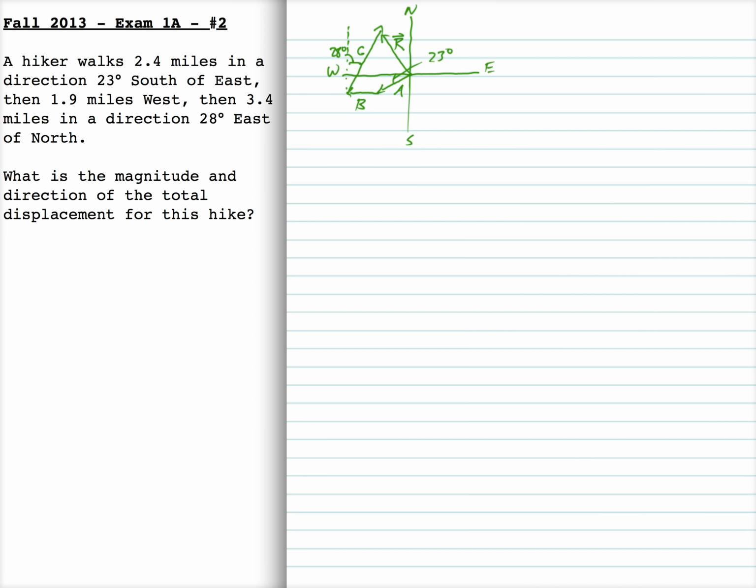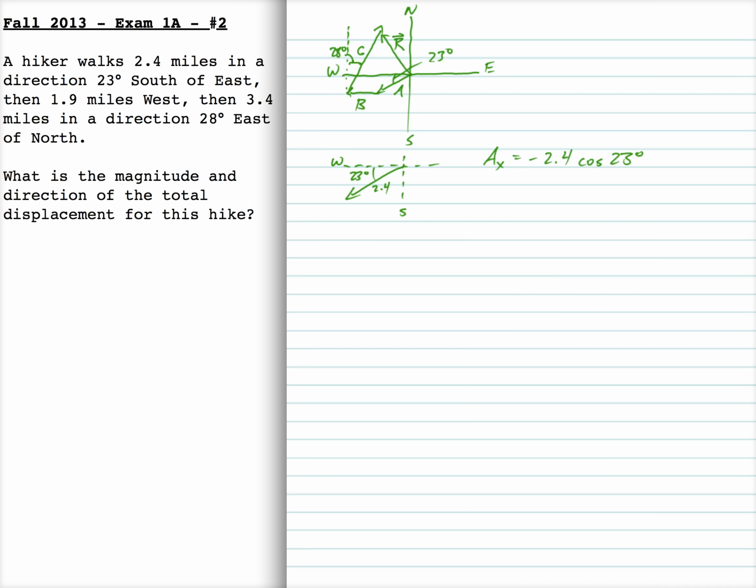We'll start with vector A, which looks like this. It makes an angle of 23 degrees south of west and has a magnitude of 2.4. So the x component of A is negative 2.4 cosine 23.